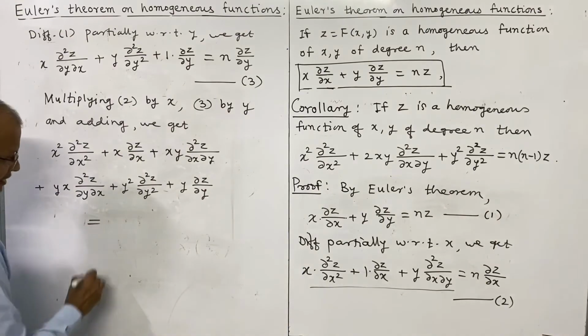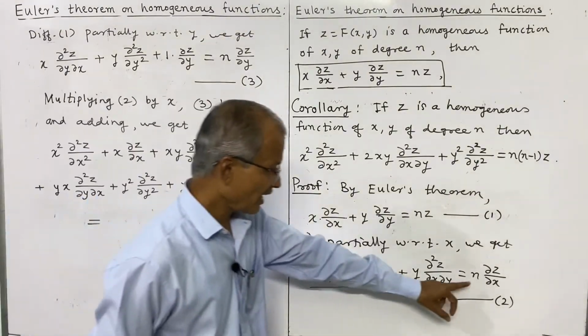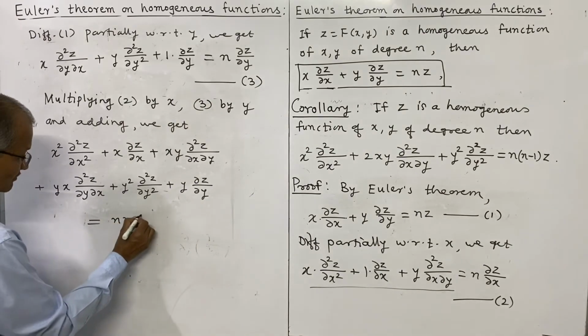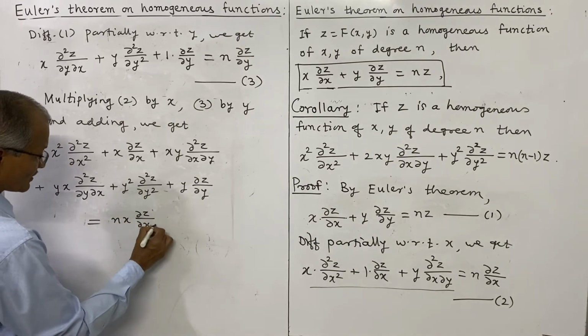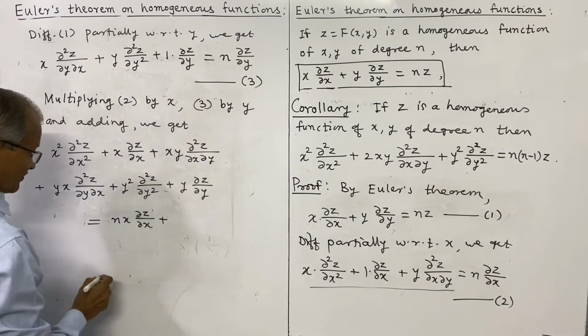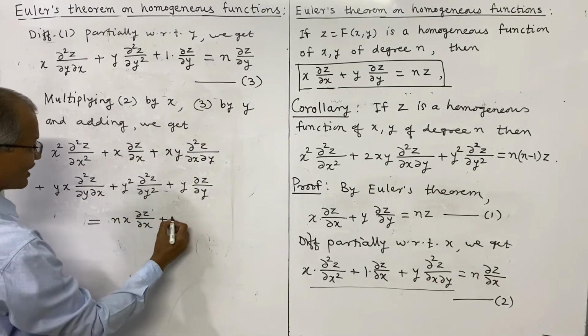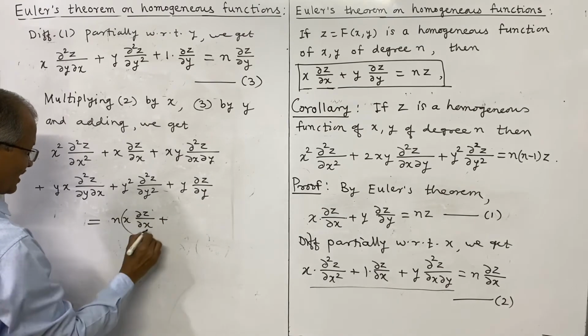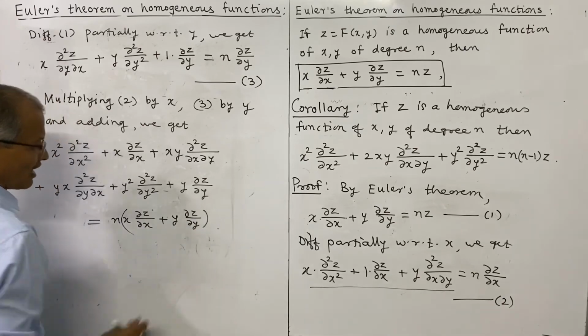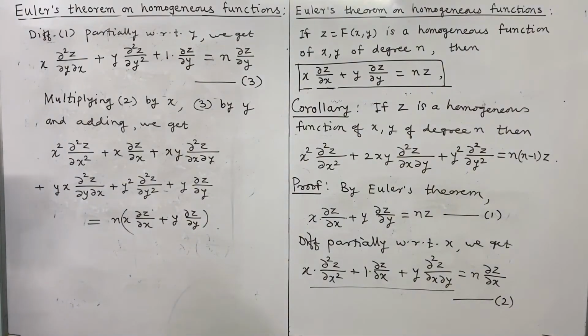Now the right side is nx dou z by dou x, plus ny dou z by dou y. So I shall take n common: x dou z by dou x plus y dou z by dou y. And now we will simplify this and use the first relation also. So what is the simplification of this?